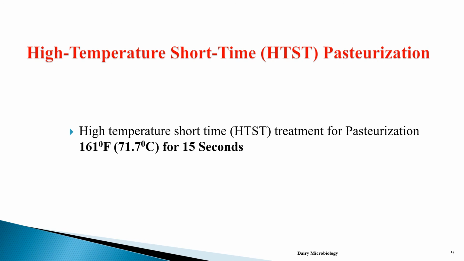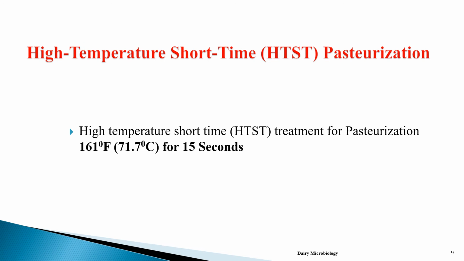The second method of pasteurization is high temperature short time pasteurization, that is HTST pasteurization, which includes heating of every particle of milk to a temperature of 161 degrees Fahrenheit, that is 71.7 degrees Celsius, for 15 seconds. After heating there should be immediate cooling of the milk to 4 degrees Celsius.